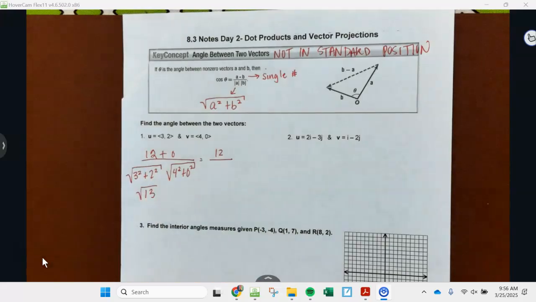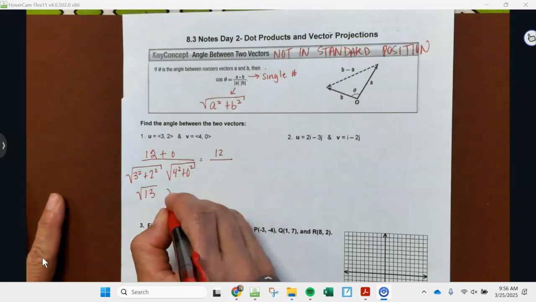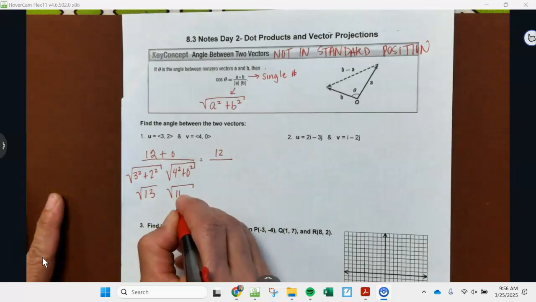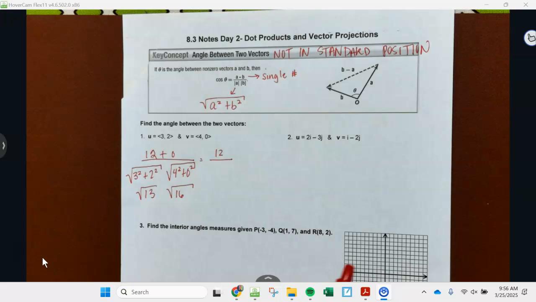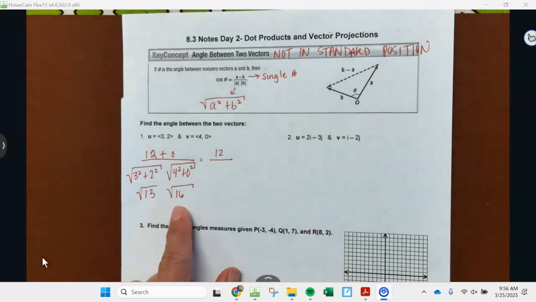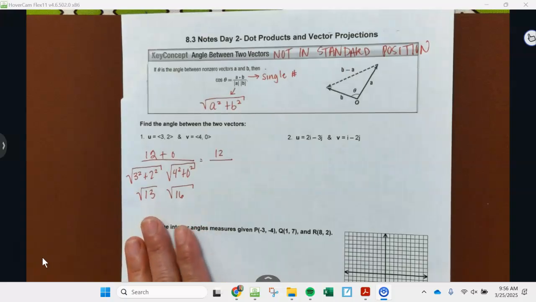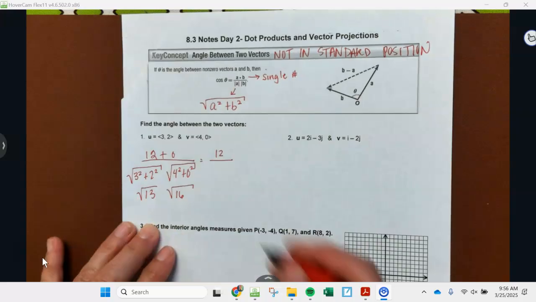So the magnitude for vector U is the square root of 13. The magnitude for vector V is the square root of 16. And I know that's ugly and a little uncomfortable seeing it like that, but I'm looking for degrees. So I don't really care about simplifying this at this time.